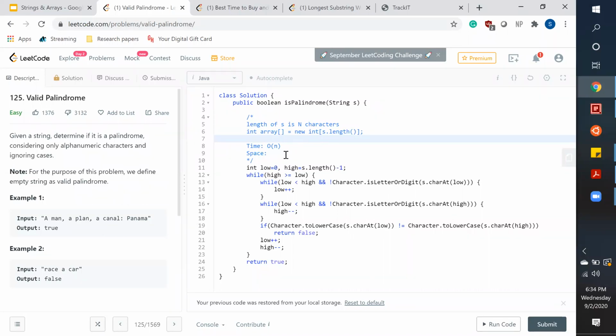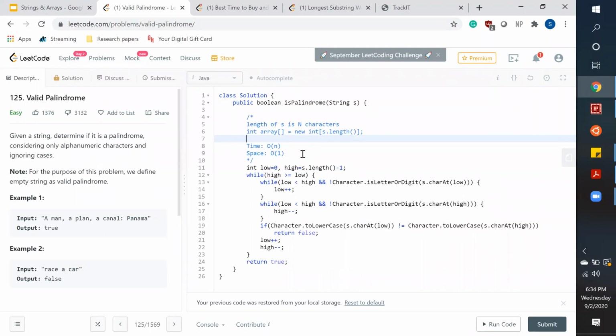In this case, it's O of one space, it's constant. So remember, I'm hoping most of you are familiar with big O notation. You don't really care about the number.